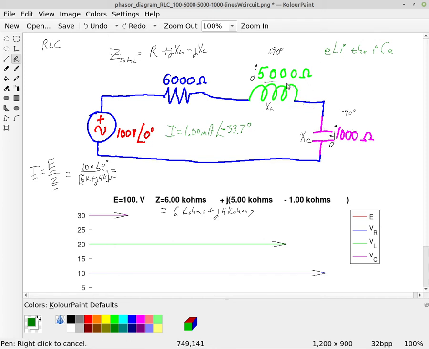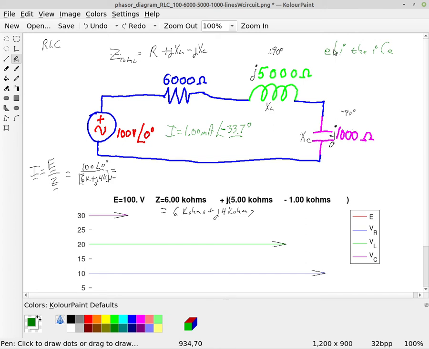So we can see that the inductive reactance is 5,000, where the capacitive reactance is only 1,000. So in this particular case, the inductive reactance is going to win, and that's why the voltage has an angle of 0, and the current has a negative angle because it is behind the voltage.